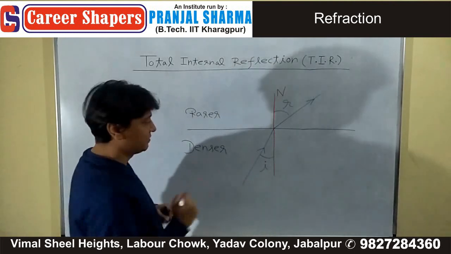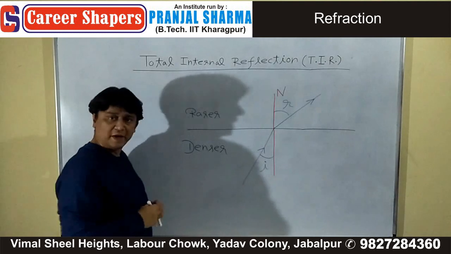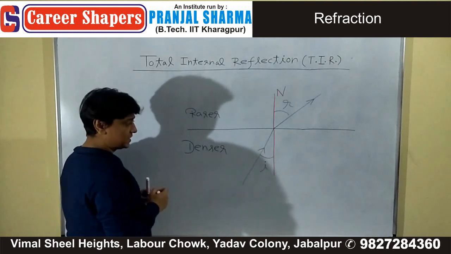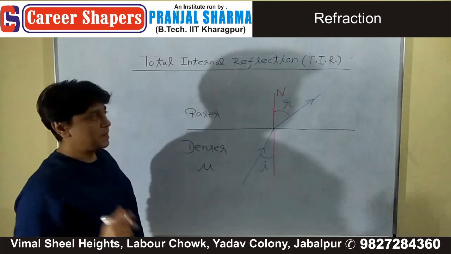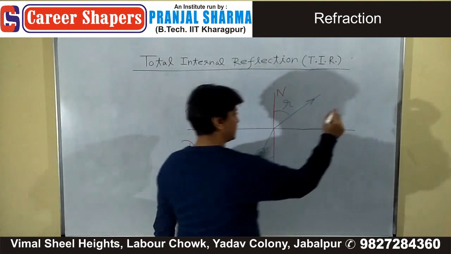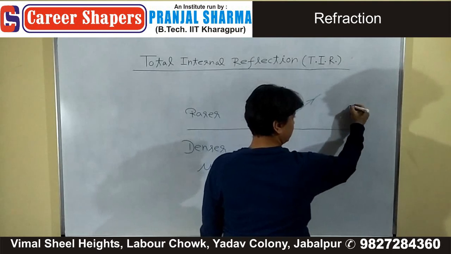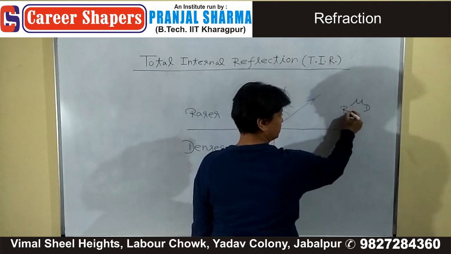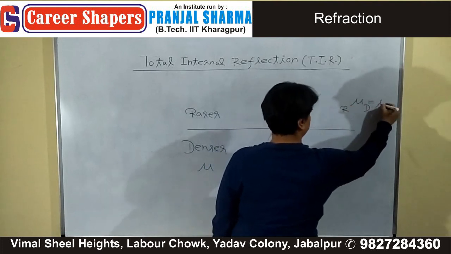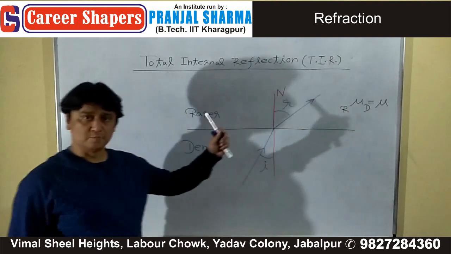Let's say the refractive index of this denser medium is mu. If I say that the refractive index of the denser medium is mu, then it means the refractive index of the denser medium with respect to the rarer medium is given as mu.